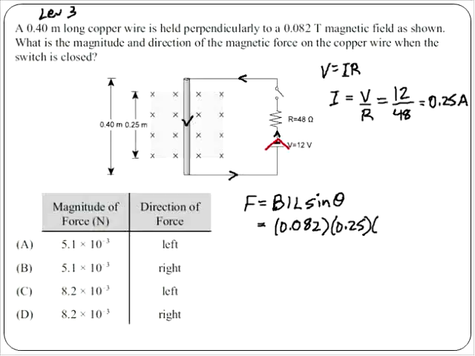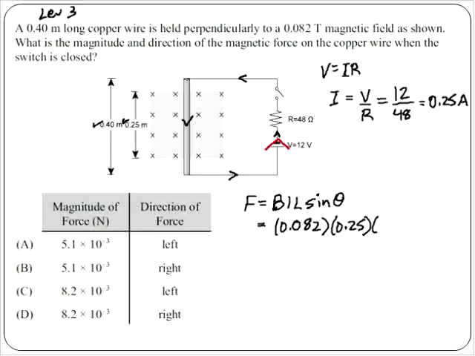And the length. Now, there's two things given there for length. There's this number and this number. 0.40, 0.25. Now the question is, which one do you use? The 0.25 is the size of the magnetic field, and the actual length of the conductor is 0.4. Now, remember this, the only part of that conductor that's going to experience a force is the part that's actually inside the magnetic field.